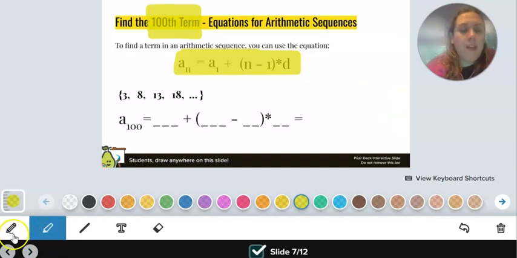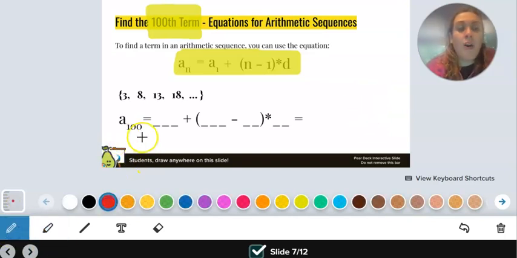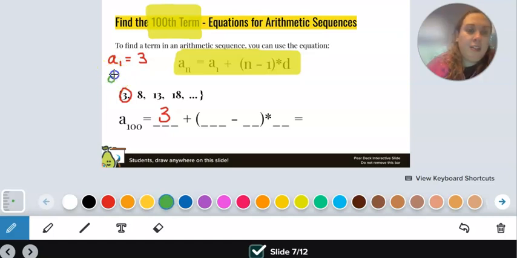So let's try it out. If we wanted to find the 100th term of this pattern that I see here, our first term is a 3. That's how it starts, so that's what we're going to put right here in our formula. The difference is 5, right? 3 plus 5 is 8. 8 plus 5 is 13. 13 plus 5 is 18.